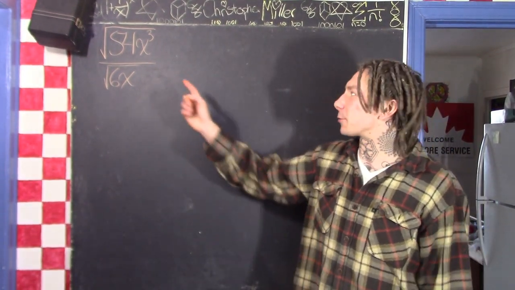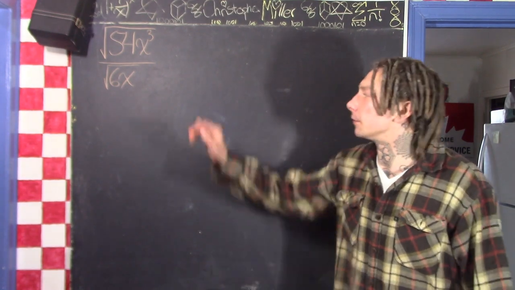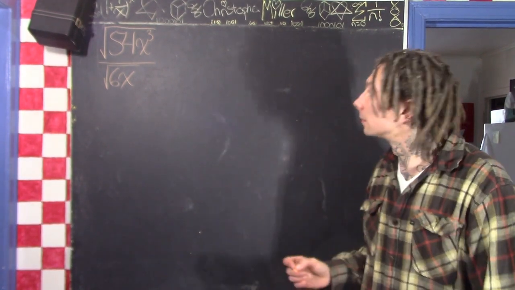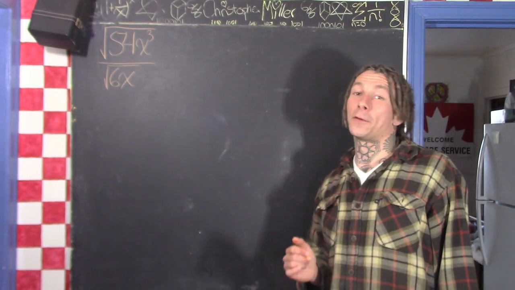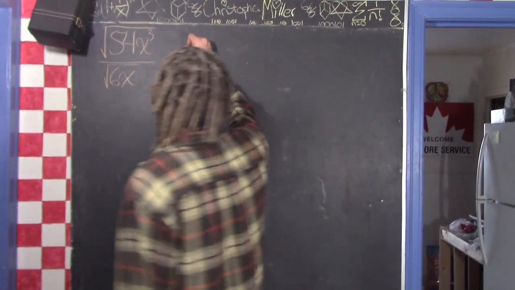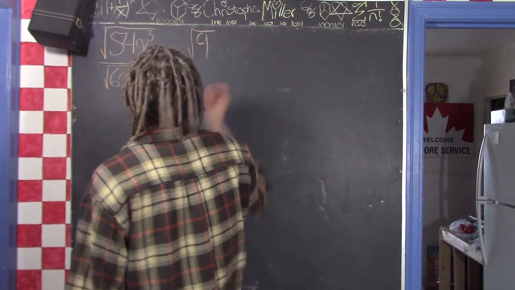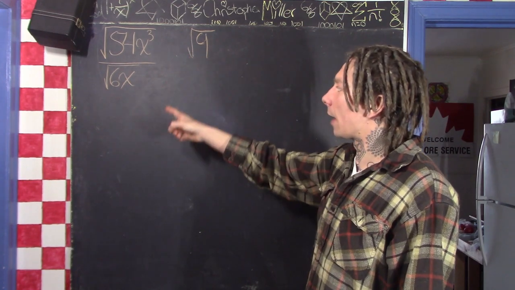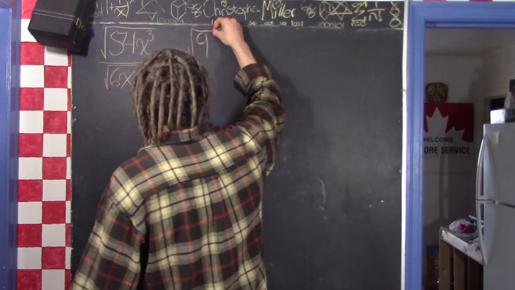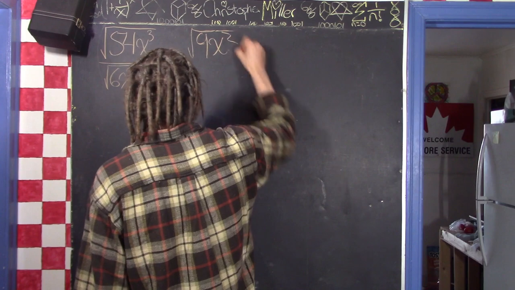Let's simplify the square root of 54x cubed divided by the square root of 6x. So let's start with the coefficients first. Square root of 54 divided by the square root of 6, simply the square root of 9, which is easily 3. Then we go square root of x cubed divided by square root of x, would just be x squared.